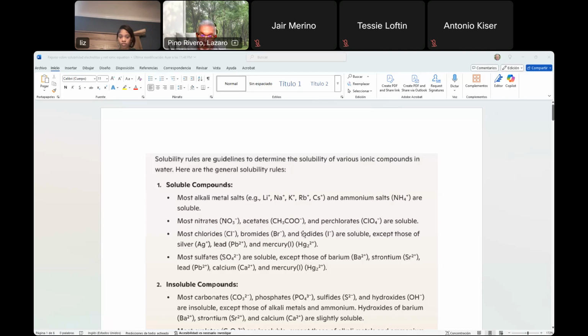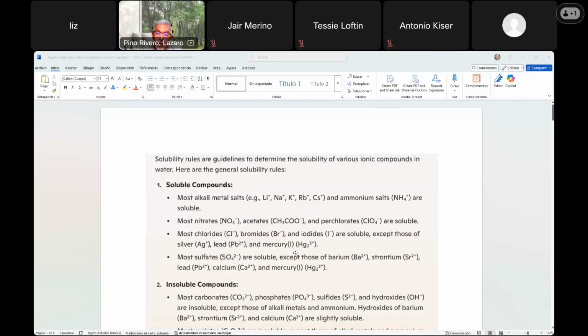Well, they are soluble except when the cation is silver, lead 2, or mercury 1. Okay? Then when you have one of these three cations and the anion is chloride, bromide, or iodide, these are non-soluble. For the rest of the cations, the salts are soluble.